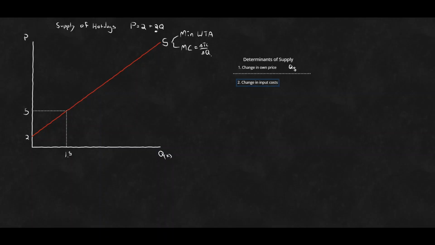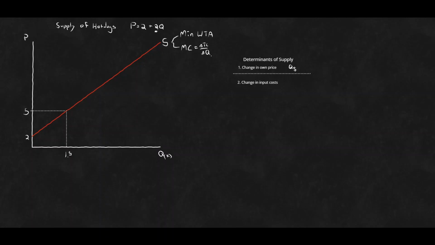So in this case here, as your input costs change, so does your marginal cost, and thus so does your ability to produce. Again, as we change any of these determinants, all else constant, we'd be changing the input costs, presuming a fixed price of hot dogs.